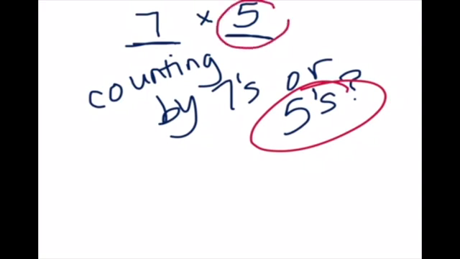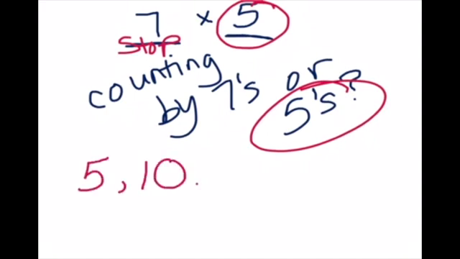So I'm going to count by 5s, but I'm going to stop at the 7th number. This kind of reminds me of repeated addition, but instead of just adding each number, we're just going to skip count. So we're going to start at 5. And then what comes after that is 10, 15.